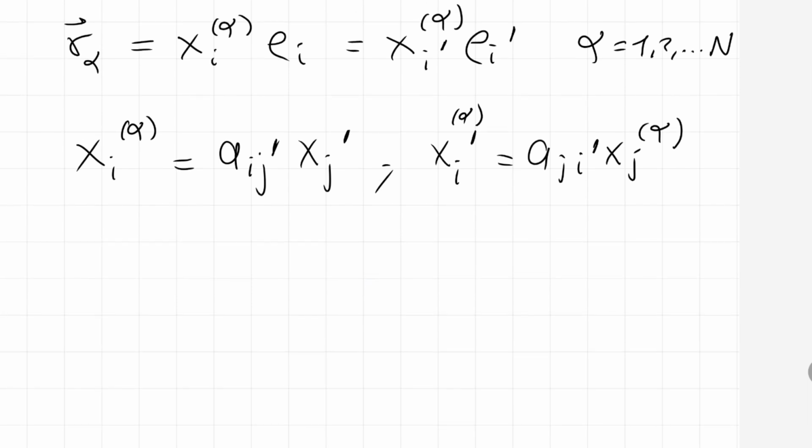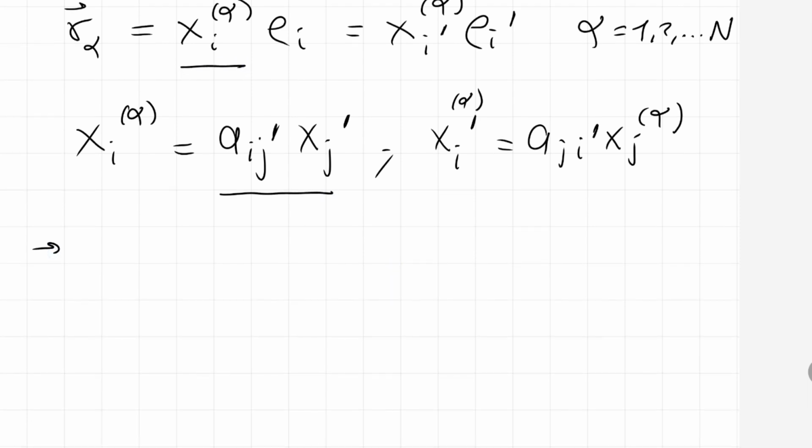Okay, perfect. So what happens if we substitute this quantity in this component over here? Well, we are going to get that R alpha is going to be equal to a_ij prime xj prime ei.